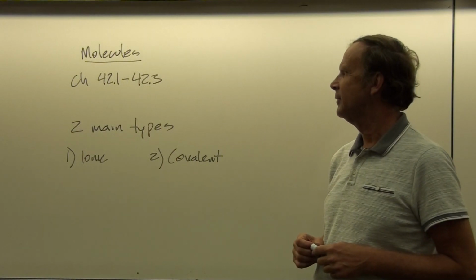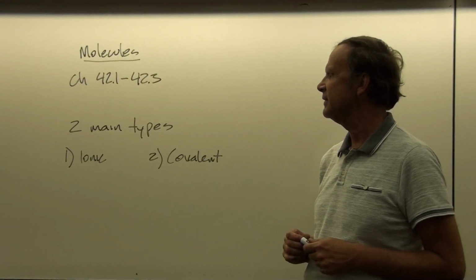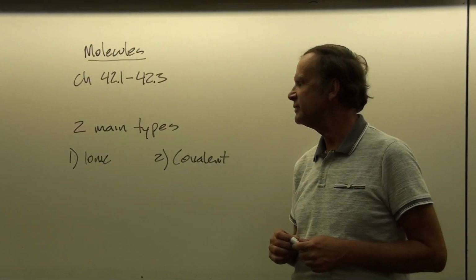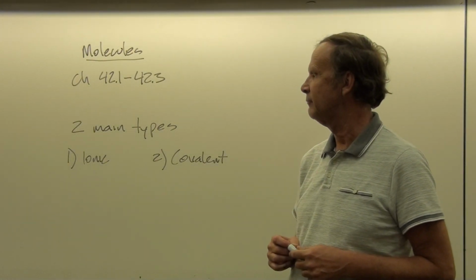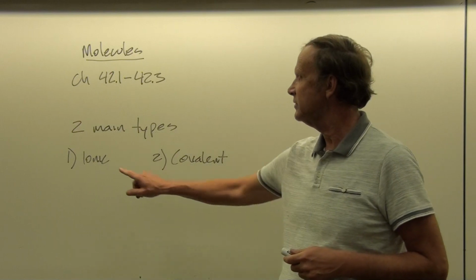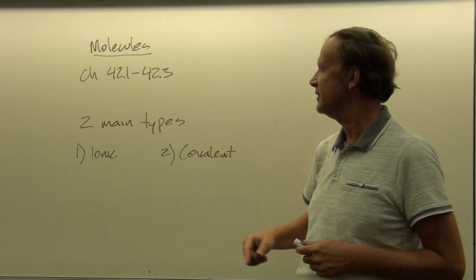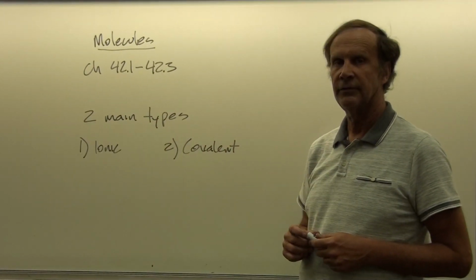But here I'd like to look more specifically at the different types of matter and how they relate to different kinds of molecules. And so we have two principal types that I'll be discussing here, ionic and covalent.